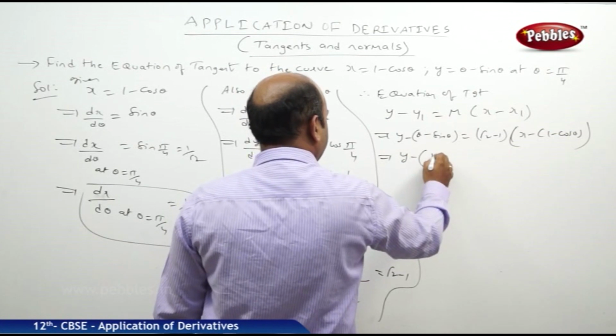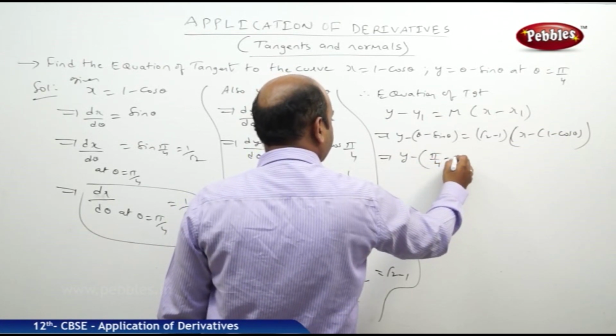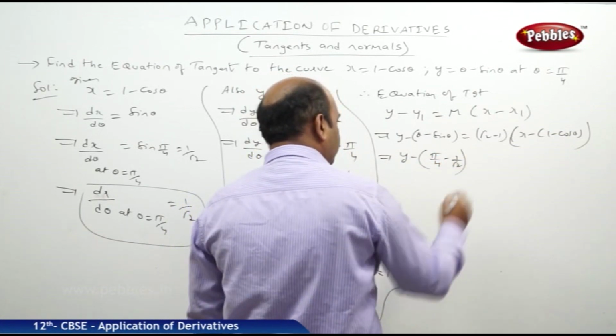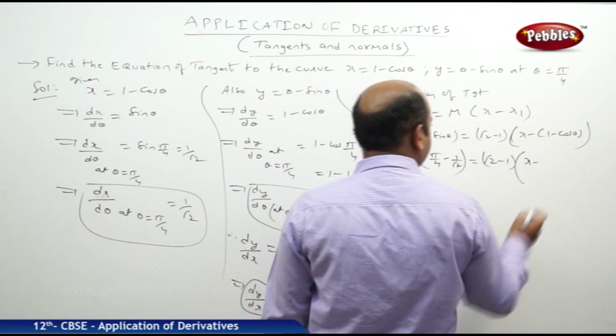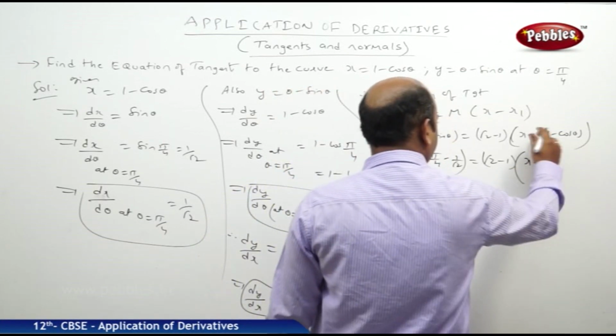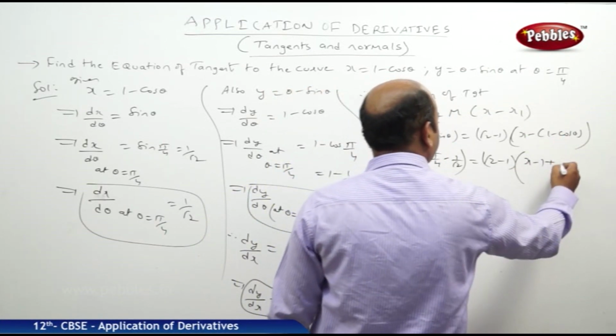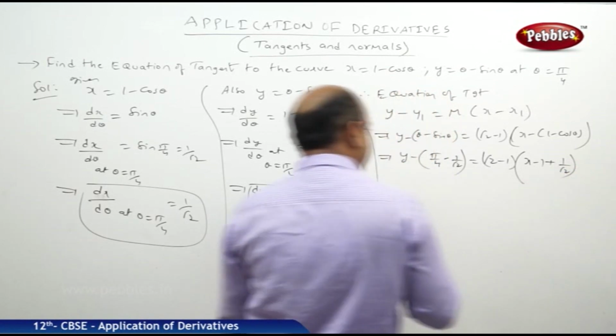So y minus pi by 4, sin pi by 4 means what? 1 by root 2, that is equal to root 2 minus 1 into x minus 1, minus minus will be plus, and cos of pi by 4 will be 1 by root 2.